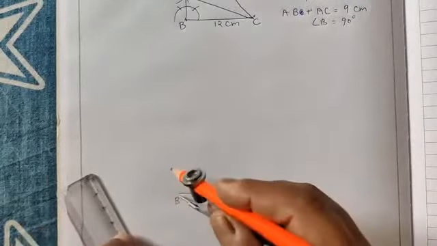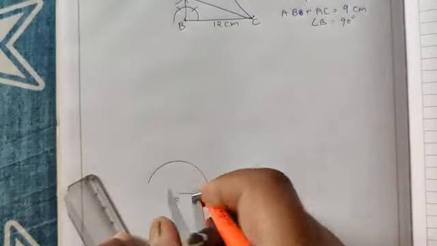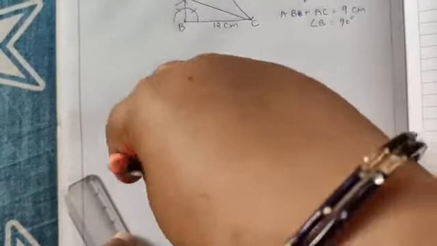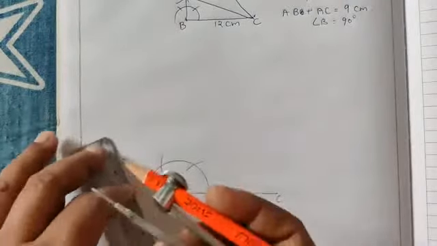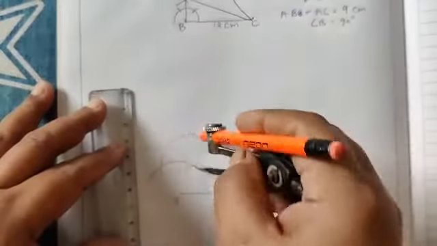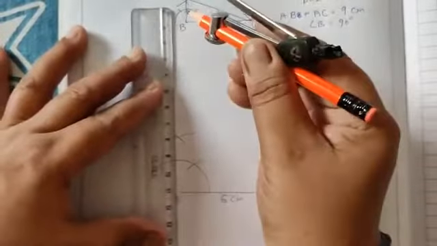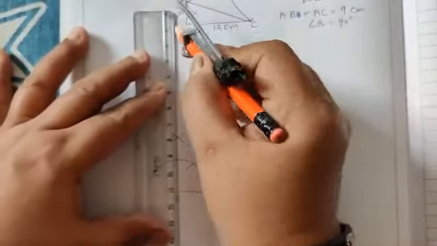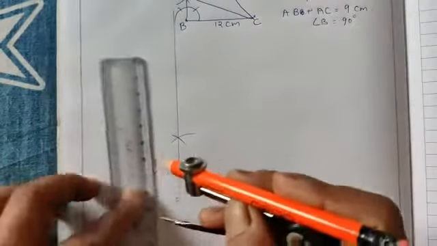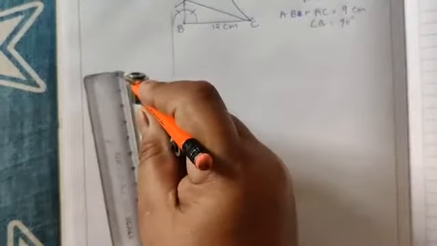Now angle 90 degree. This is a line. Now cut 9 centimeter. This is a 9 centimeter.